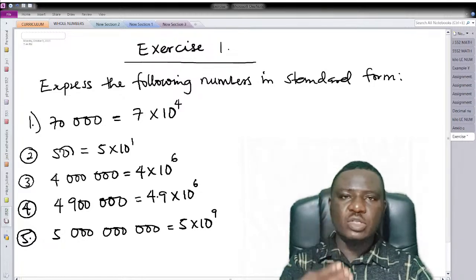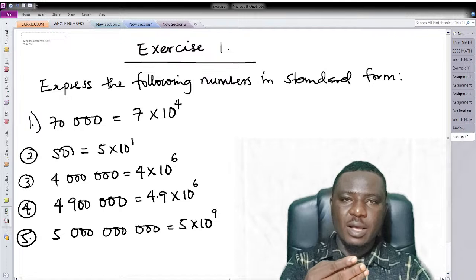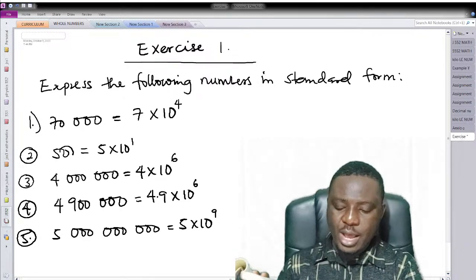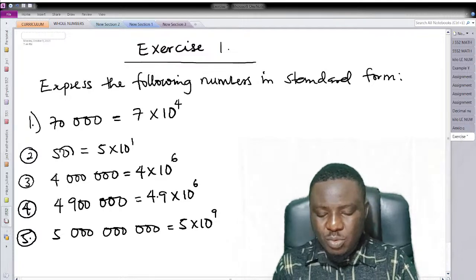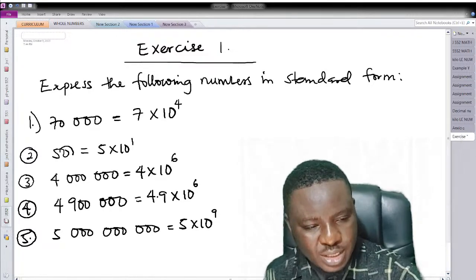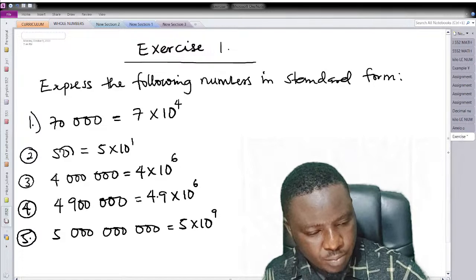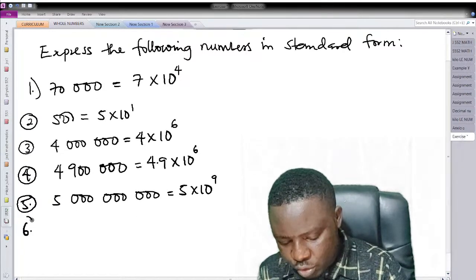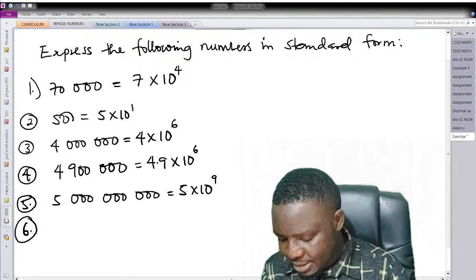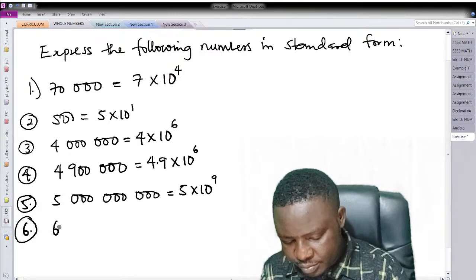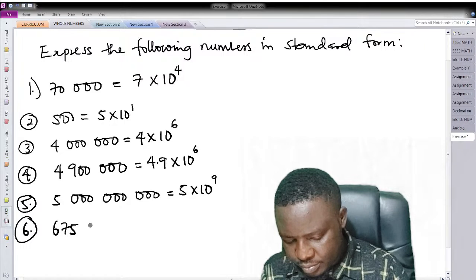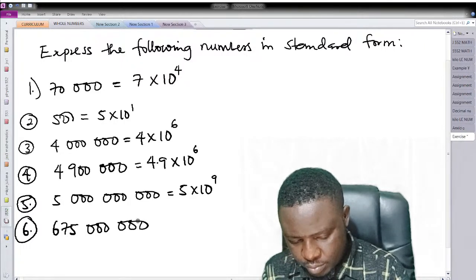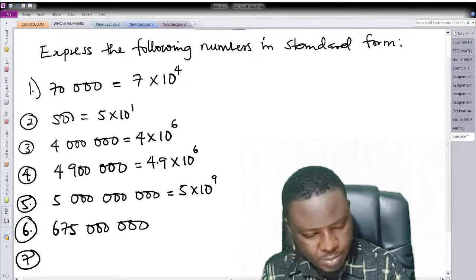Okay, now we shall solve more examples on this, where we'll take some kind of tricky questions. Let's take more. I'll solve some and then leave the rest for you to do. Number 6, number 7.